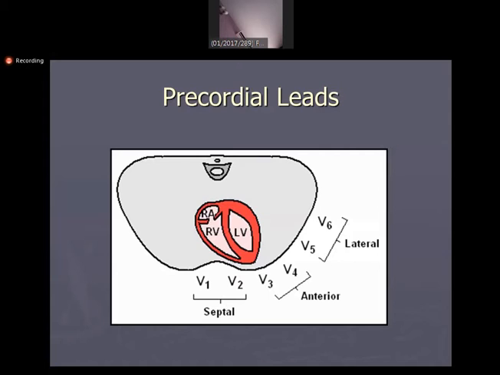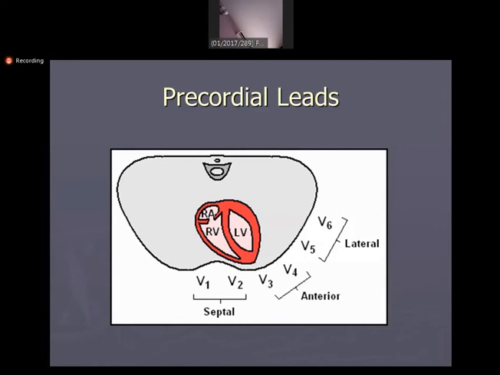V3 and V4 are placed anteriorly, and generally see the electrical activity of the heart anteriorly. And V5, V6 are placed on the lateral side of the heart.